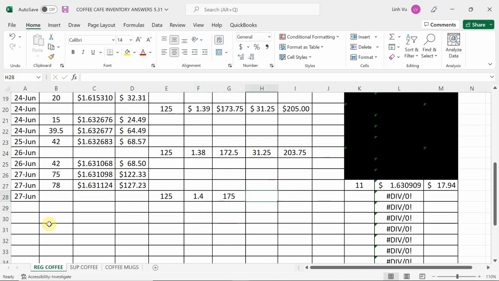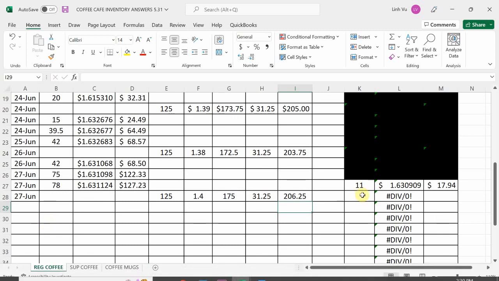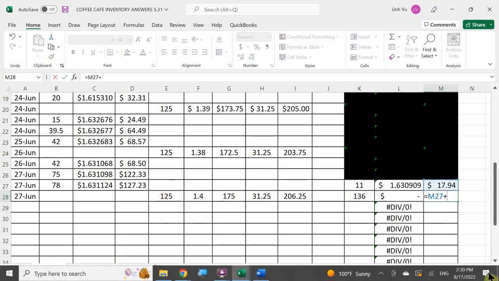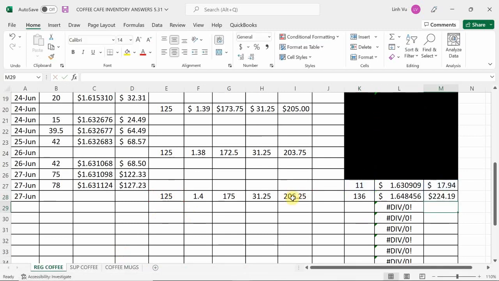Yeah, $1.40. $31.21, 25 cents, to give you a total of $206.25. So then I'm going to add that to my inventory.